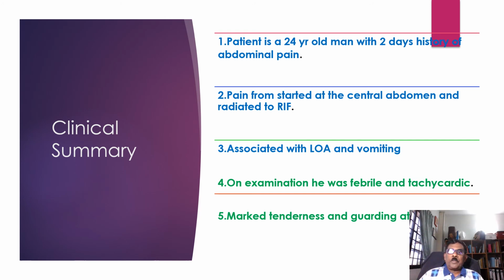First, a 24-year-old man with 2 days history of abdominal pain. The pain started in the central abdomen, shifted to the RIF, associated with loss of appetite and vomiting. On examination, he was febrile, tachycardic with marked tenderness localized at the right iliac fossa.